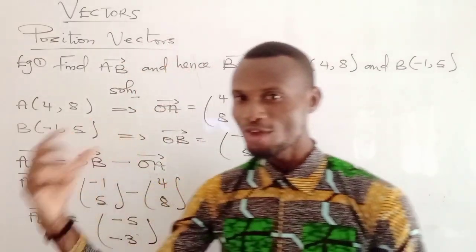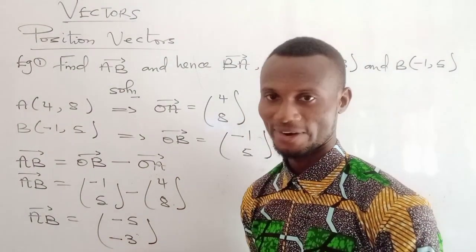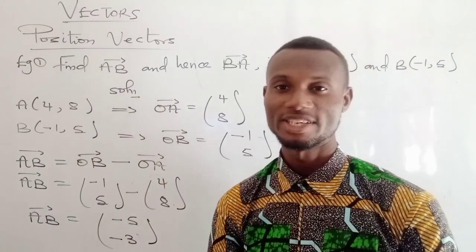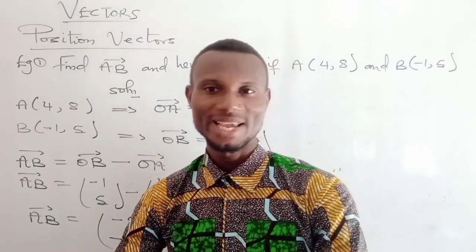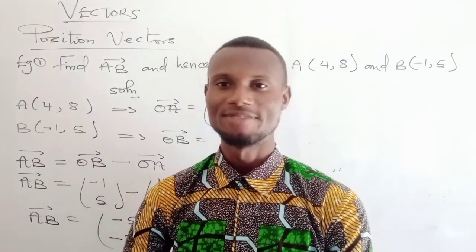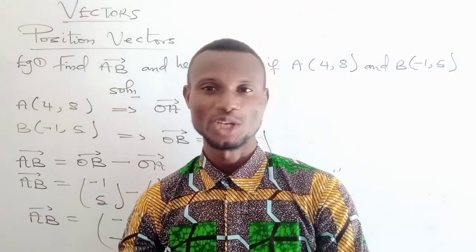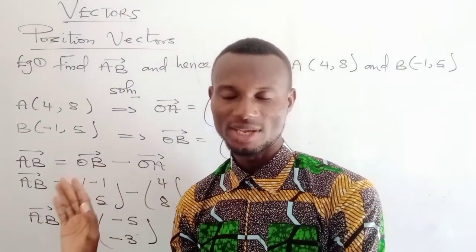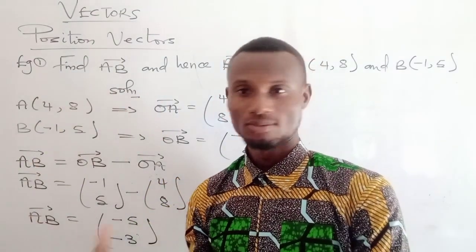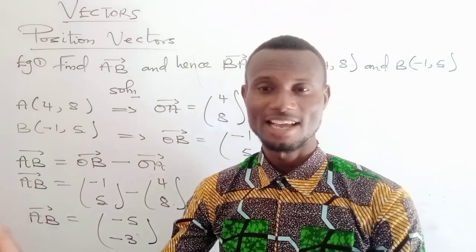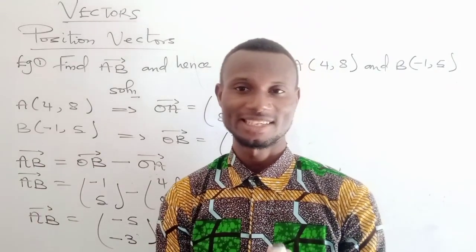Now the next part of the question is asking us to find the vector BA, and BA is just the inverse of the vector AB. I just explained to you that the inverse of a vector simply refers to the opposite of the vector. So having AB, the inverse is going to be BA. So the question is just asking us to find the inverse of the vector AB. I hope the explanation is clear enough up to this point.